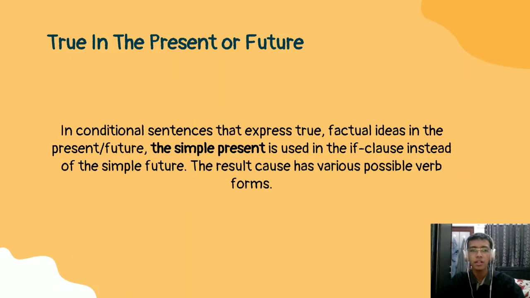In conditional sentences that express true factual ideas in the present or future, the simple present is used in the if clause instead of the simple future. The result clause has several possible verb forms.